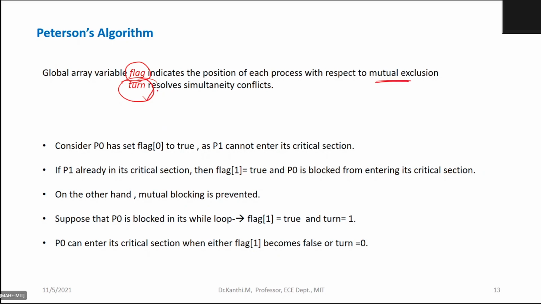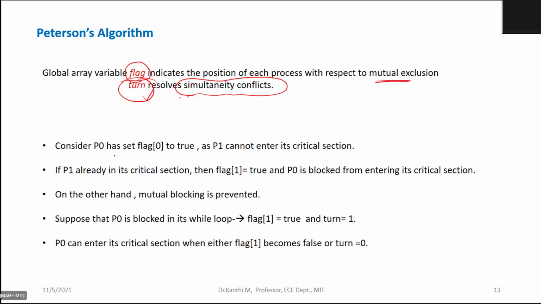And turn, which is a variable, resolves the simultaneity conflicts, so that if both try to acquire, it can be resolved. I have not shown the code over here. It's a simple code. Dekker's algorithm is a bit complex and quite lengthy, but Peterson's algorithm is very short and easy to understand.